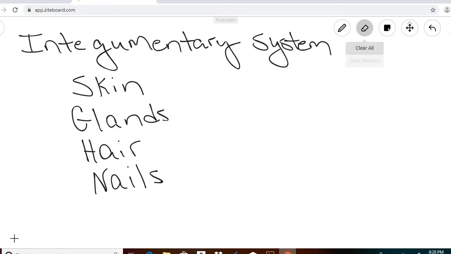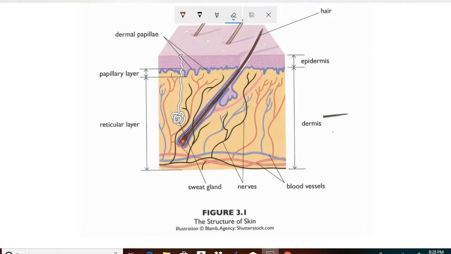Okay, so starting with the skin, if you will look at figure 3.1, this is a drawing of the skin. So let me point out a few things.